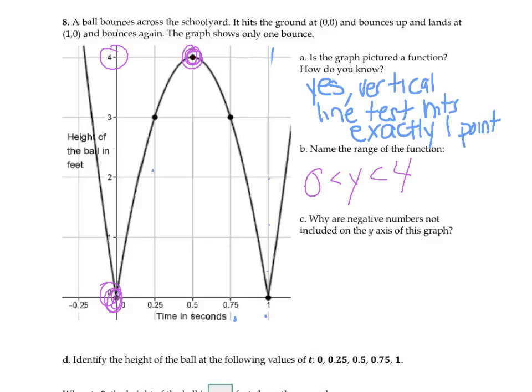So what we can write as the answer, there's no negative numbers because the height will never go below 0. So height is never below 0 on the ground.